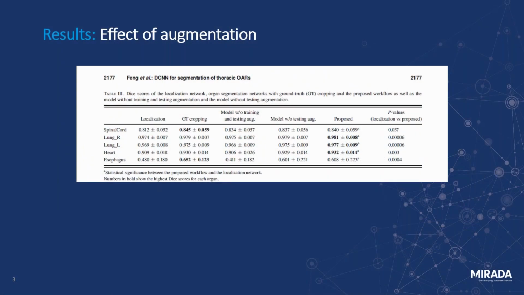I think one of the interesting things that they look at is the use of augmentation, both during training but also within their internal cross-validation. And by performing augmentation at validation time, they can further prevent the network from overfitting to the training set, which is quite important given that the training set for the AAPM Thoracic Challenge is fairly limited in size.